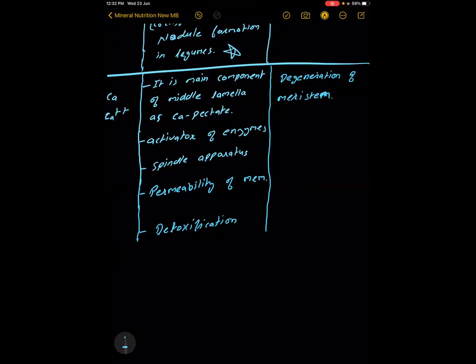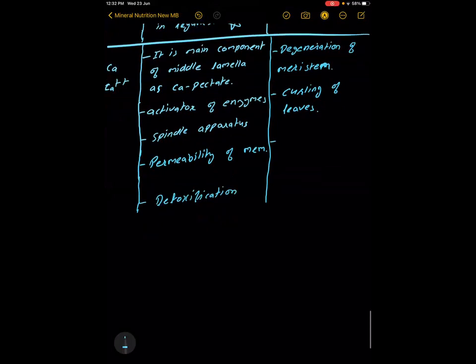Curling of leaves. Leaves are turned; it is called curling. Premature flower fall, not leaf.